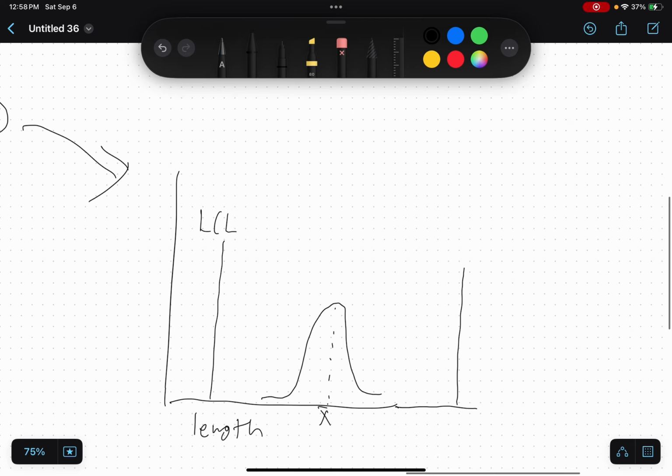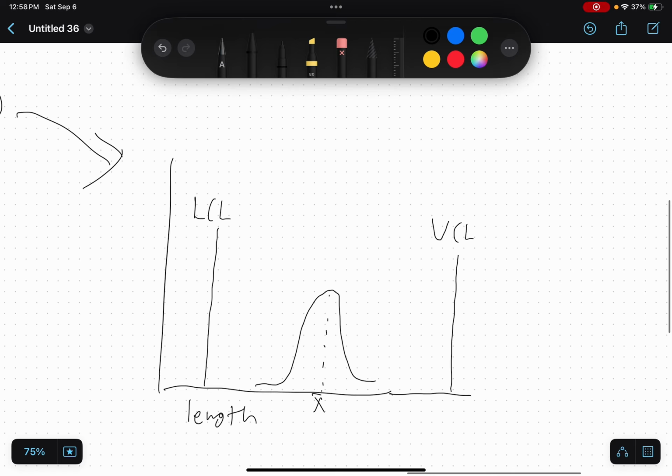LCL, UCL. And then, cool. So ideally, this distance and that distance are each 6 standard deviations. And the standard deviation is defined by your distribution.